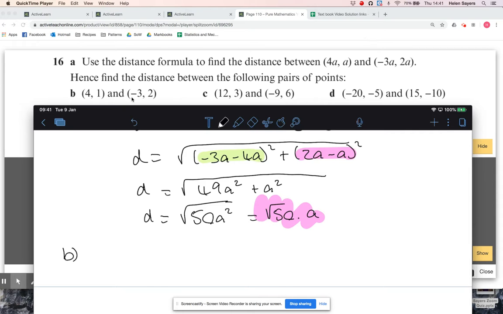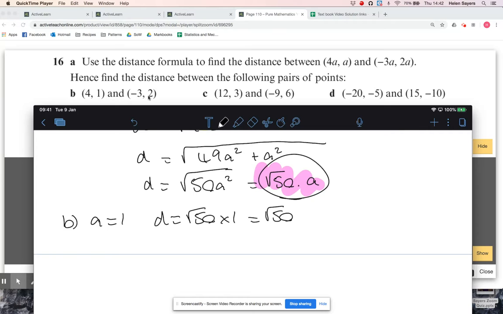If a is 1, looking at those y coordinates, 4a would be 4, minus 3a would be minus 3, and 2a would be 2. So if a is 1, d is root 50 times 1, so root 50. That's a lot quicker than doing it all from scratch.